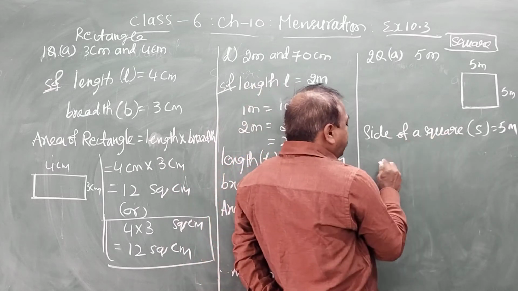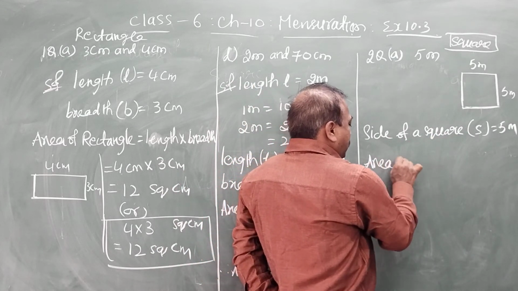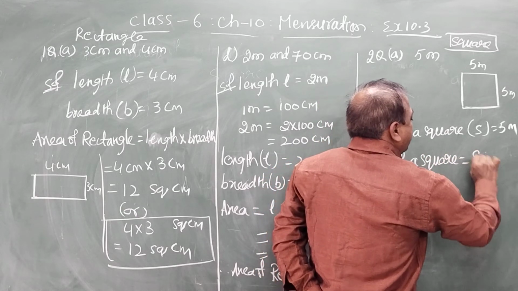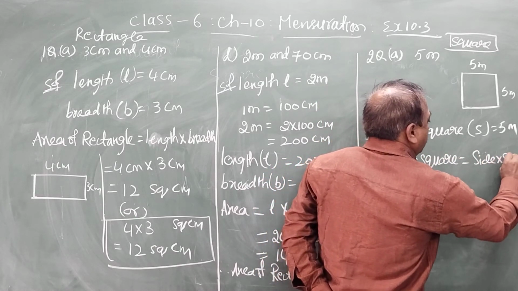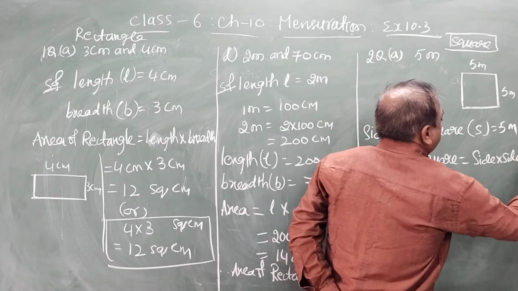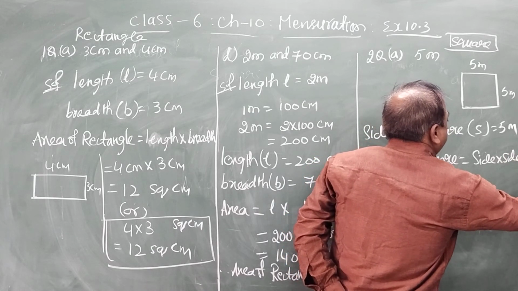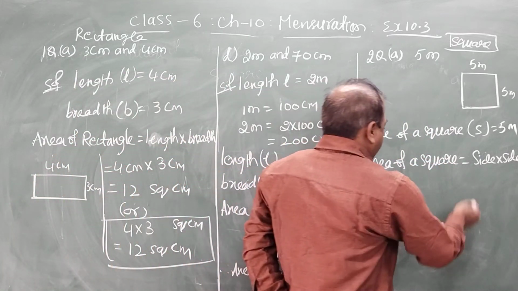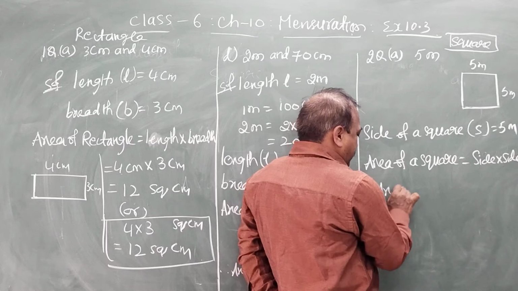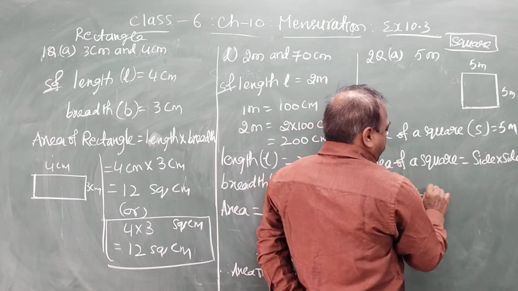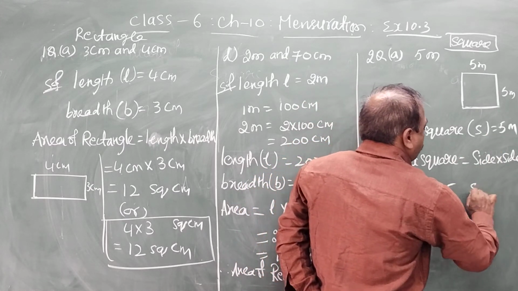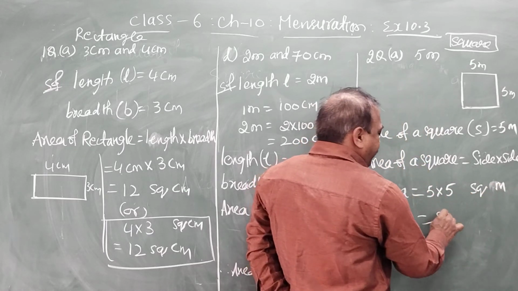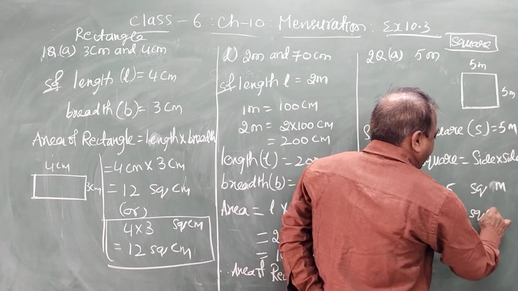Now area of a square, what is that? Side into side, in square units. So area is equal to 5 into 5 square meters. This is in meters, so 5 5s are 25 square meters.